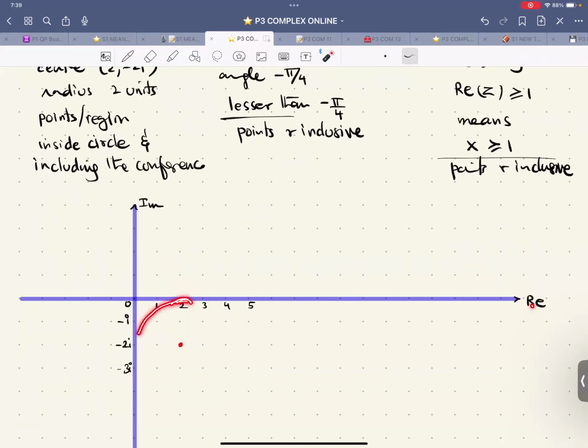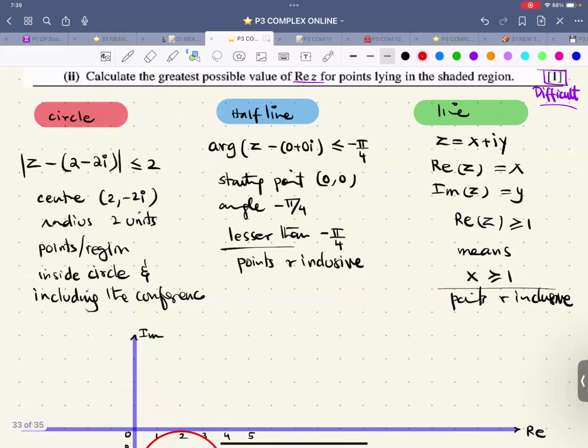The circumference would be touching the y-axis. So let me get started with this. So it's like this, and like this, and this point, and this point, and it goes like this. That's how a beautiful circle is created. So this circle is now created. Okay, so the first thing is done.